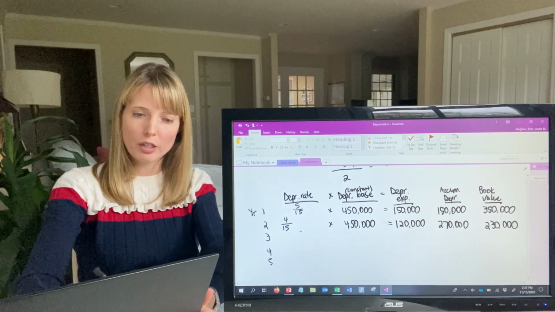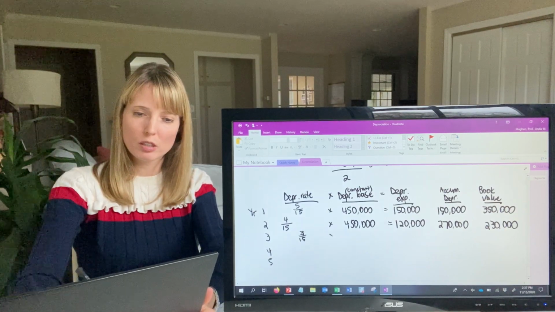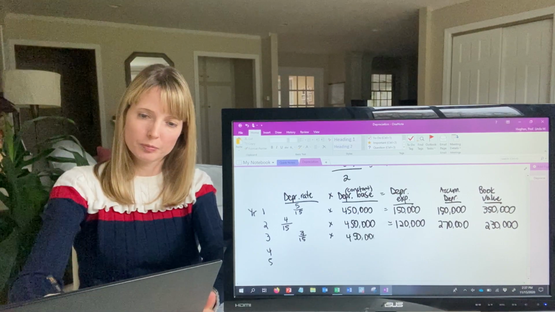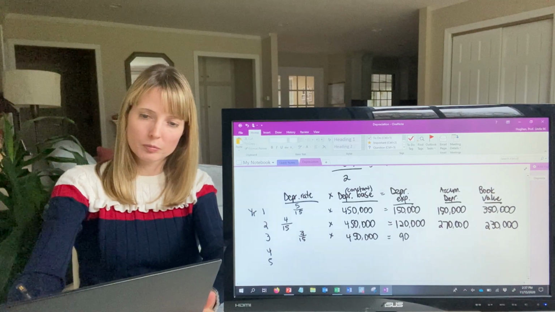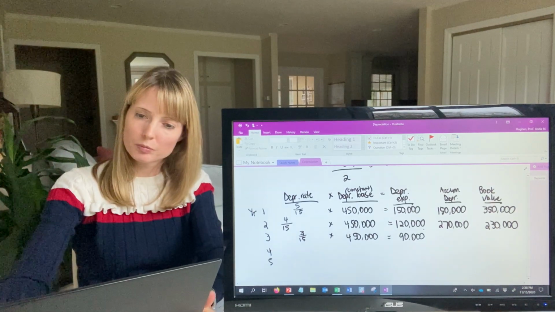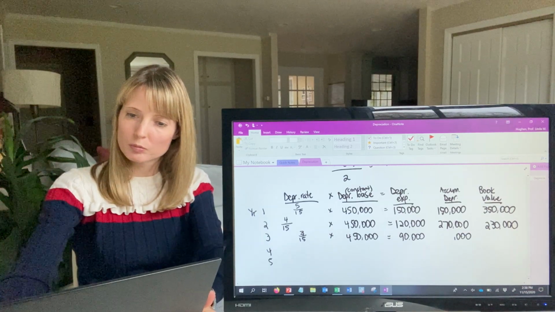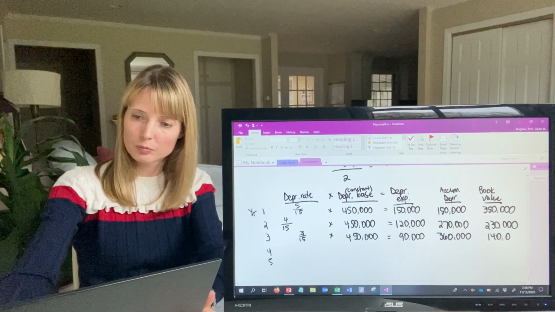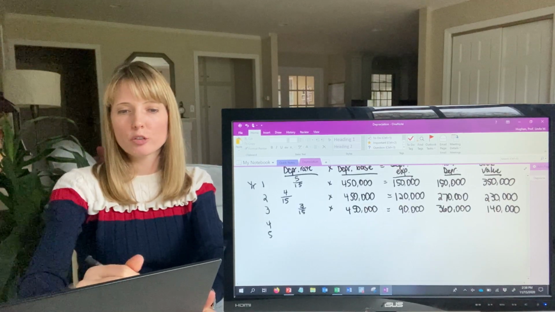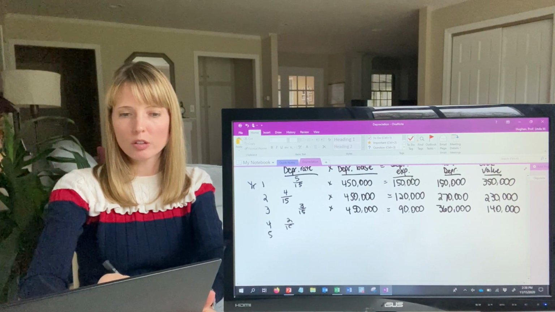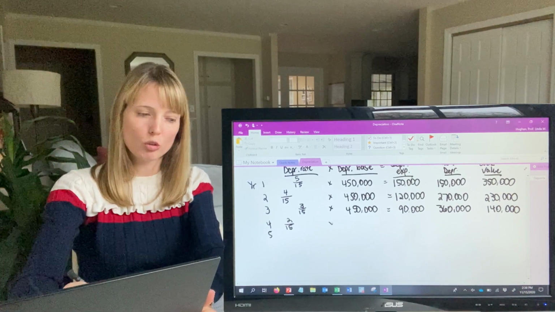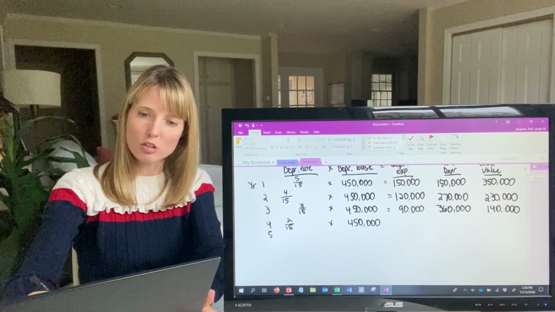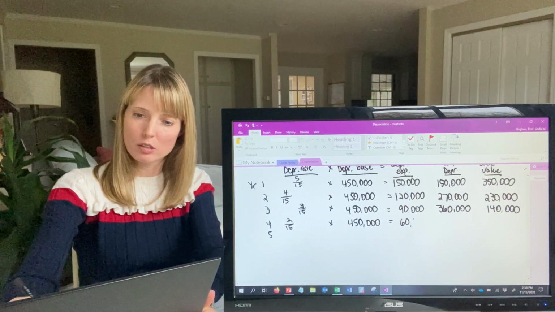In year 3, we have, of course, 3/15 times 450,000. In year 4, we have 2 years remaining out of the denominator of 15, so 2/15 times 450,000 gives us depreciation expense of 60,000.